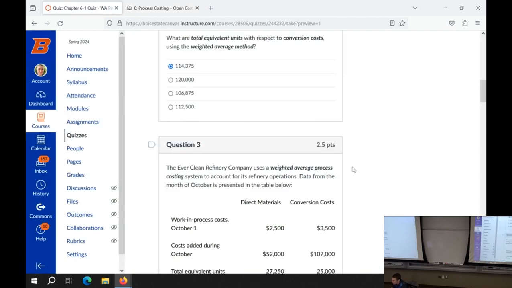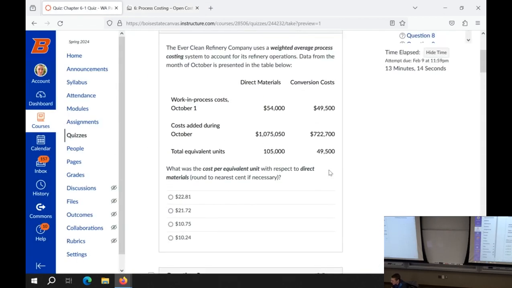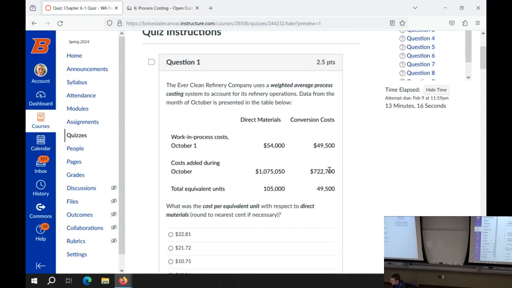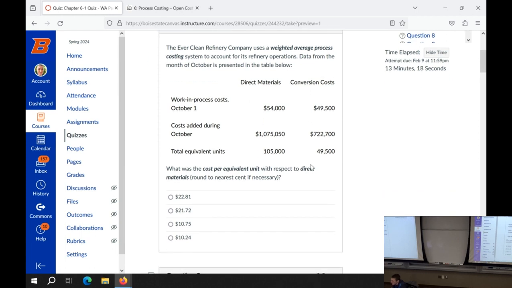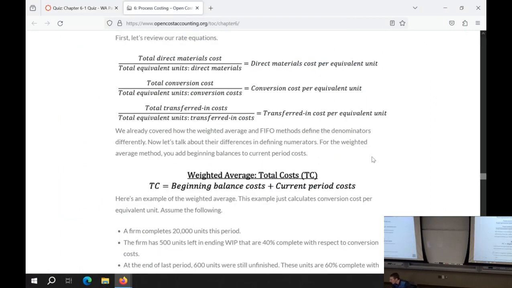So let's look at a problem. I think this rate problem up here is pretty good. I gave you total equivalent units for this. I'm asking for the cost per equivalent unit with respect to direct materials, and I gave you total equivalent units with respect to direct materials, 105,000. So I gave you the denominator.